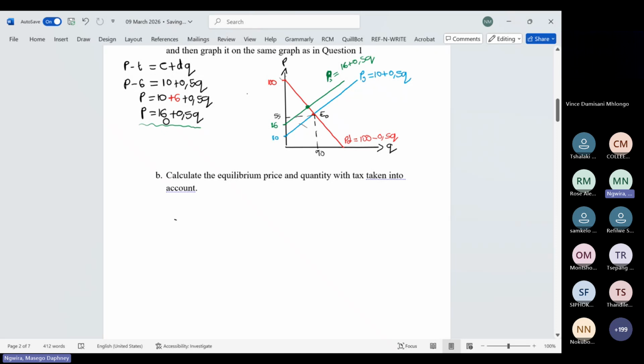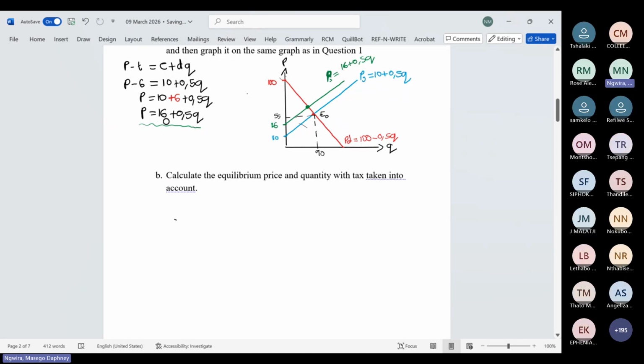All right. So B, they're saying calculate the equilibrium price and quantity with tax taken into account. So now we're going to calculate our price and quantity after tax. Remember, every time they say equilibrium, you have to equate. So we're going to equate our P's.